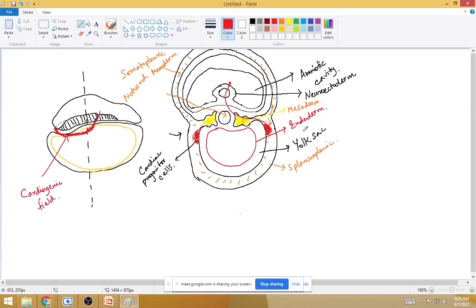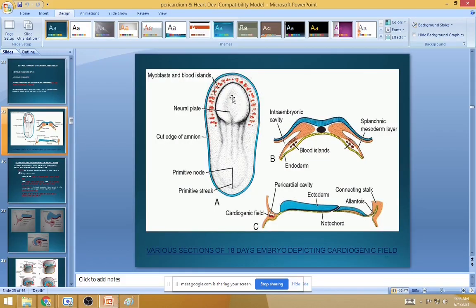Now these were cardiac progenitor cells which form the cardiogenic field, in front and by the side of the neural plate. This is how they lie.